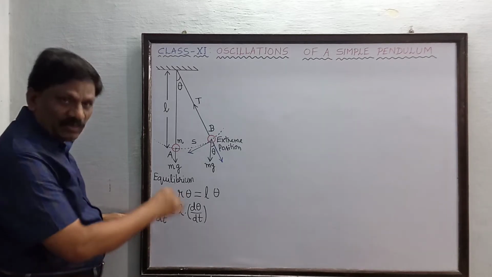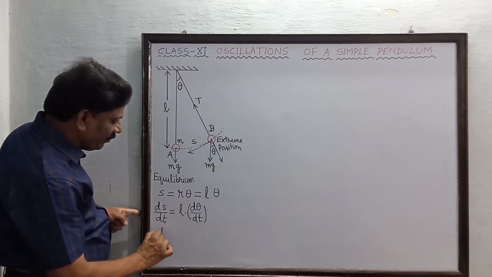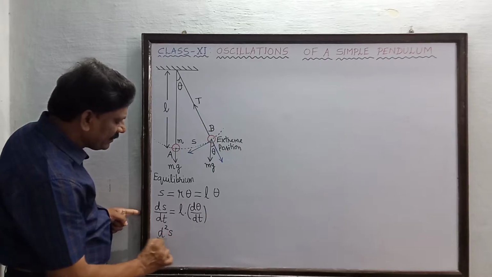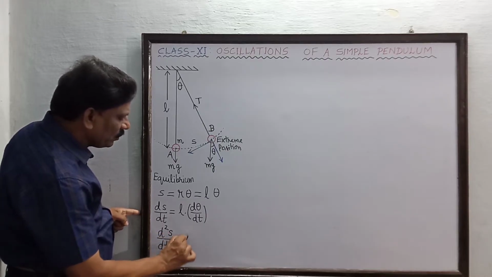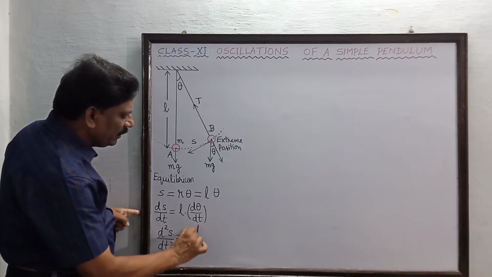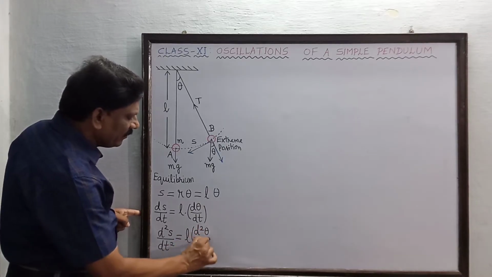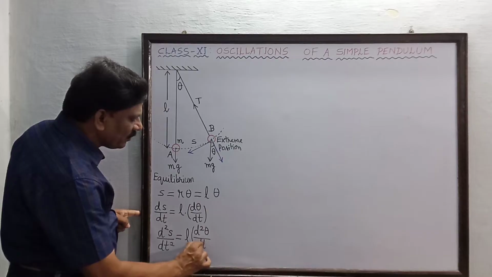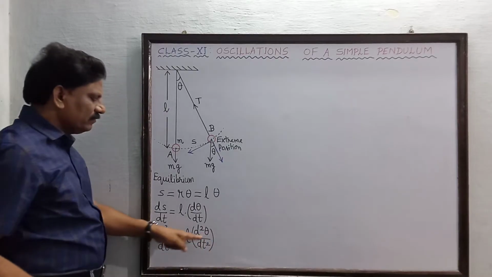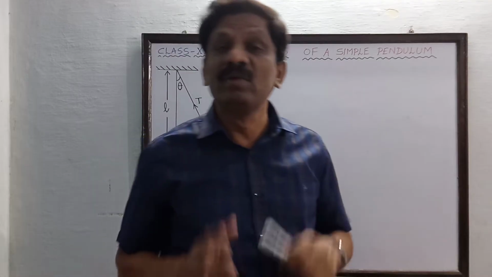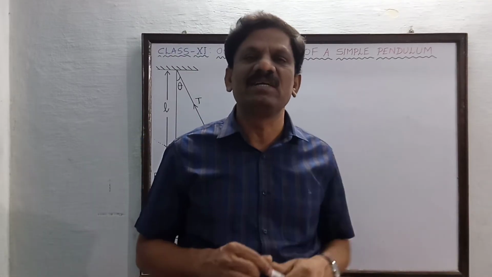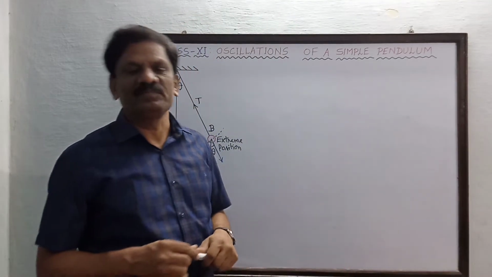If I differentiate once again, the second derivative will be d square s by dt square, which is equal to L into d square theta by dt square. What is d square theta by dt square? It is called the angular acceleration, the rate of change of angular velocity.